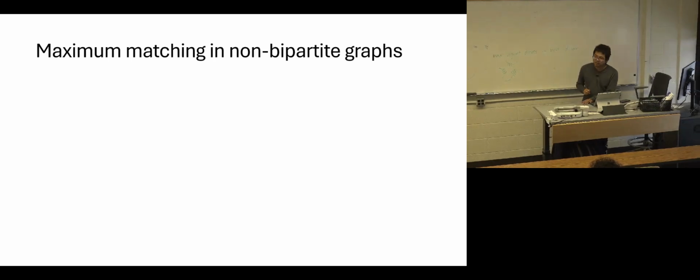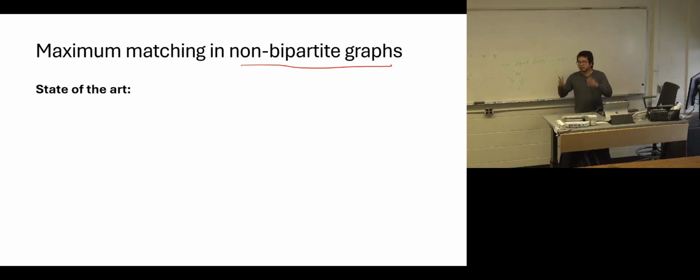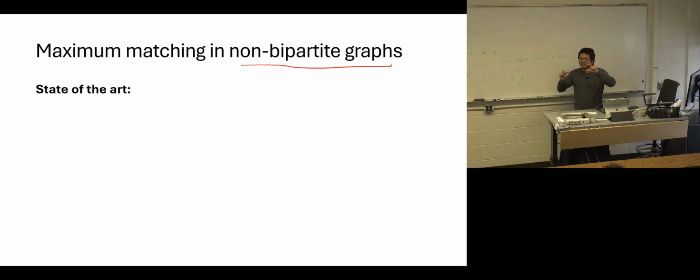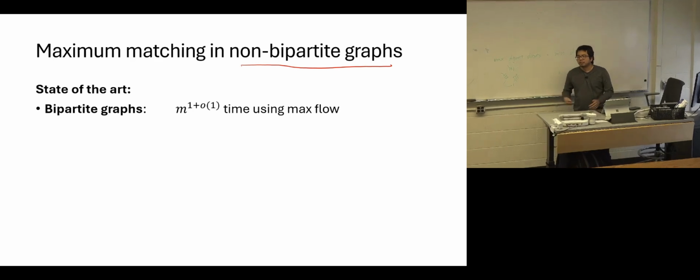And another one is just maximum matching, but in non-bipartite graphs. So you all know this problem, right? You have a graph, you want to find a set of edges that are disjoint from each other. Well, on bipartite graphs, you know now that you can solve this in almost linear time, because bipartite matching you can solve using max flow.